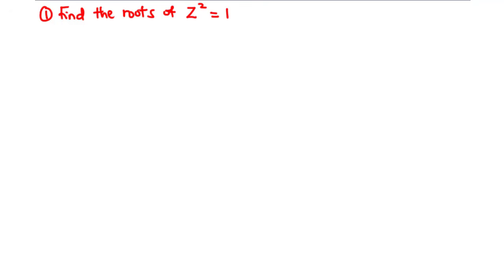Find the roots of z squared equals 1. Let's solve this together. So from the question, we are going to find the roots of z squared equals 1. Now z squared is a complex number, just that it has no imaginary value.